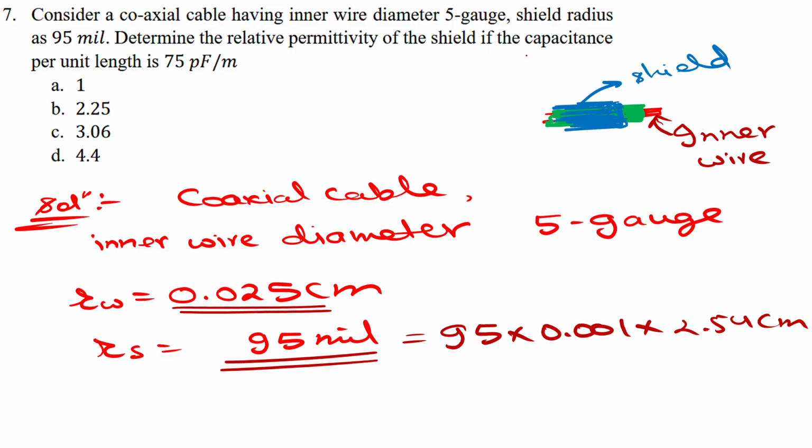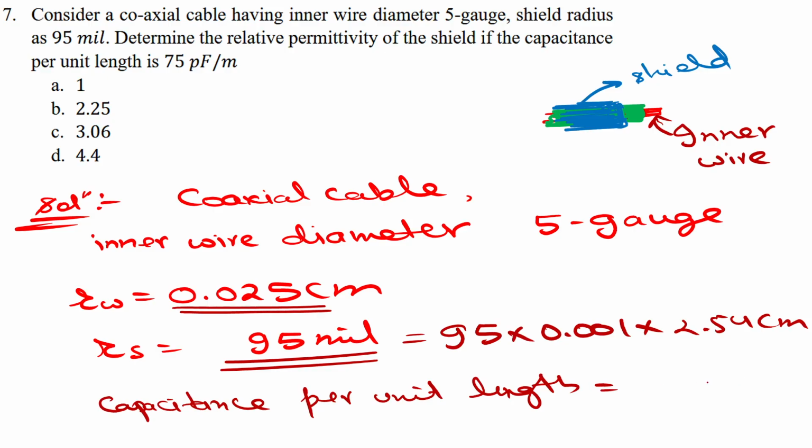And in the problem, the capacitance per unit length for this coaxial cable is given as 75 picofarad per meter, and we have to find the relative permittivity of the dielectric, this green color, that is epsilon r.